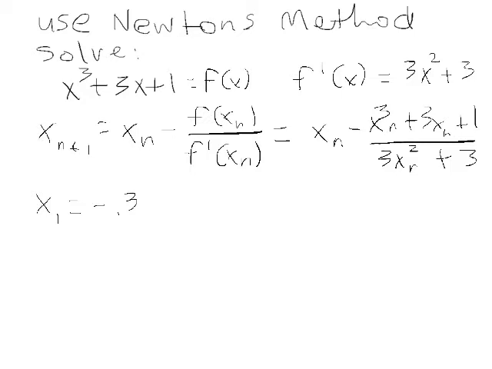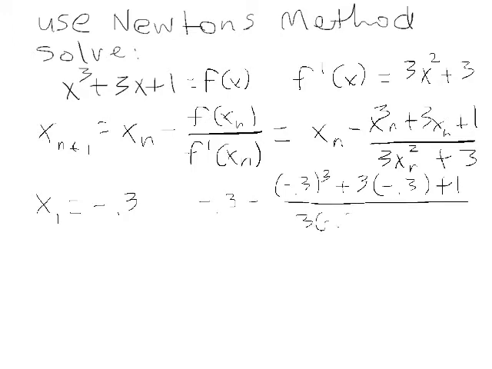We just run it through the formula now. So you go negative 0.3, that's my xn part, minus negative 0.3 cubed plus 3 times negative 0.3 plus 1 over 3 times negative 0.3 squared plus 3. And you plug that into your calculator.